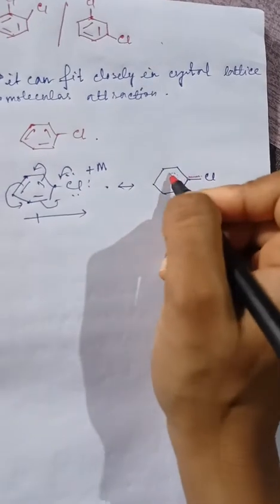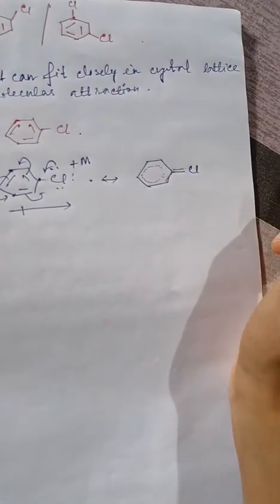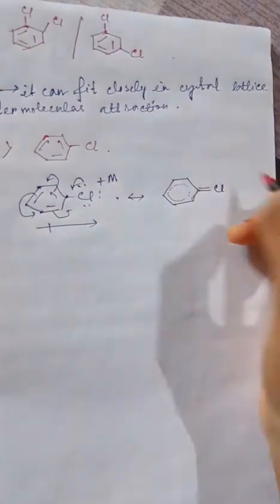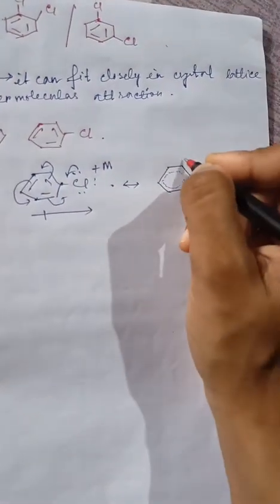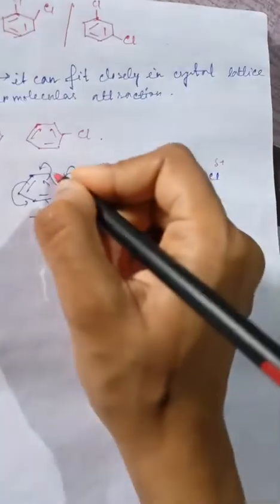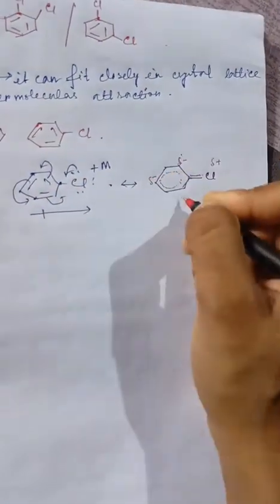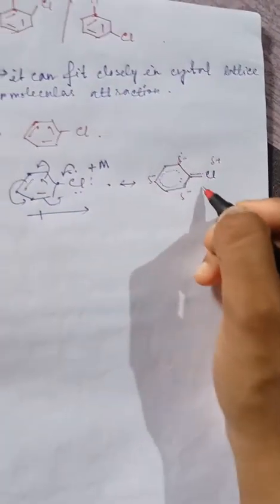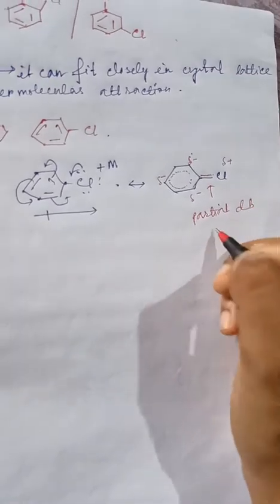Also the electron cloud is in resonance, so it's donating its electron, that means it gets partial positive charge and it's pushing electrons towards the ring. So all these positions get what? This position delta negative charge, again this position, right? So this C-Cl bond gets partial double bond character.